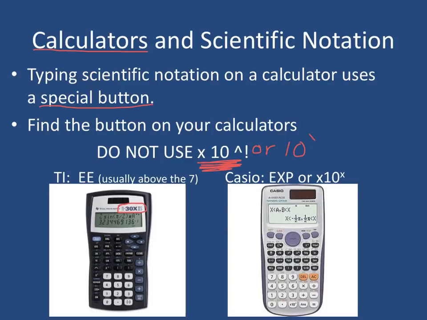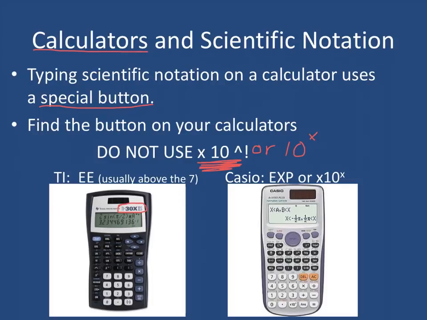Now, when you get to a Casio calculator, there's a times 10 to the x, which you do want to use. It's all confusing. The main reason I pick the TI and the Casio, and I have two pictures of them here, is because those are the two that I see the most. And so since I see those the most, that's what we're going to talk about.